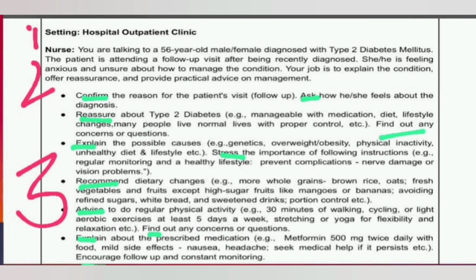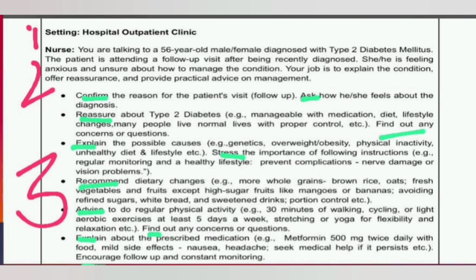Okay. So here the first is setting, that is hospital outpatient clinic, and the background is that the history is nurse. That means you are talking to a 56-year-old male or female diagnosed with type 2 diabetes mellitus, and the patient is admitted for a follow-up visit after being recently diagnosed.